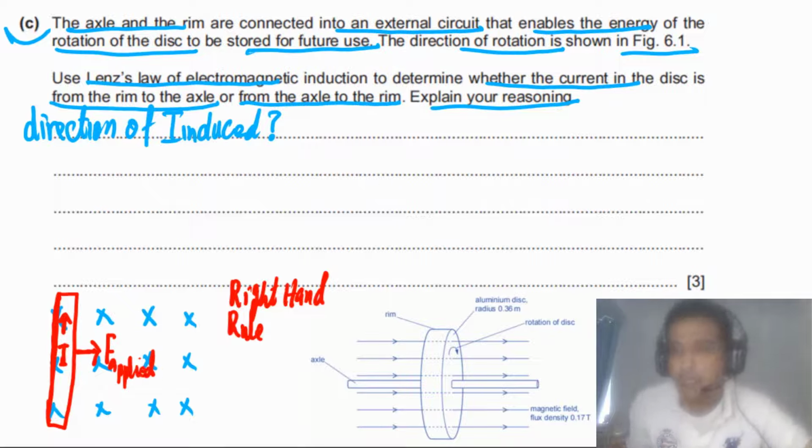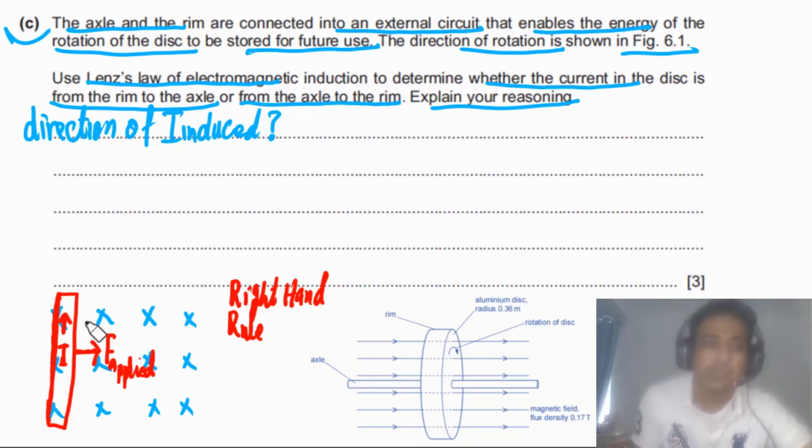Now by Lenz's law, let me use a different color. By Lenz's law, there will be an opposing force on this one. The opposing force, you can simply say, has to be in the opposite direction of the applied force. Otherwise, we can also find out the direction of the opposing force. Now we have to use the left hand rule because we have a wire, it has current, and the wire is inside the magnetic field.